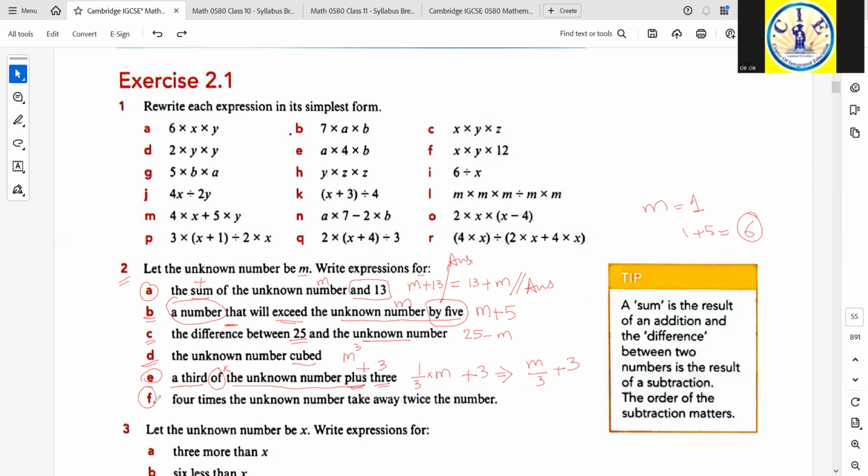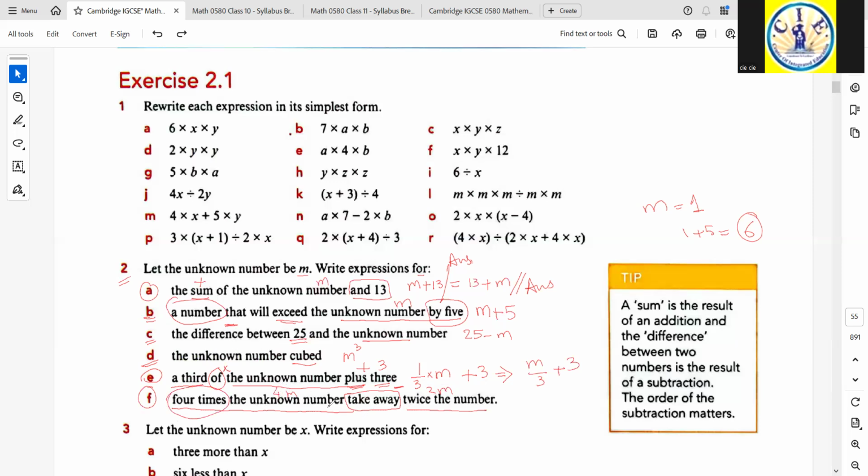Okay, then part F, 4 times the unknown number, take away, which means subtraction, twice the number means 2 times the unknown number m, and 4 times the unknown number. Unknown number was m, and 4 times of that means 4m.